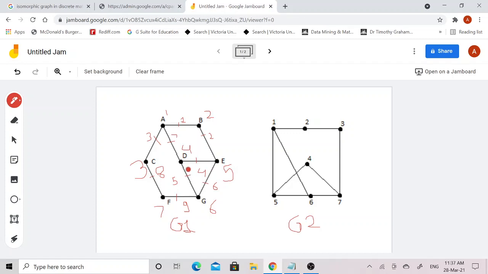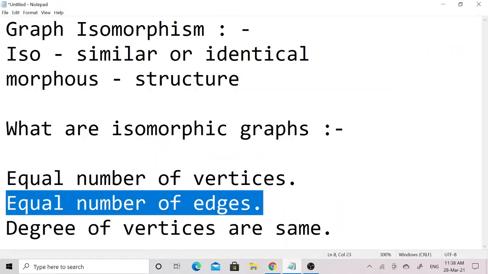Now we will count the edges that are present in graph G2. So this one is the first one. This one is the second. This one is the third, fourth, fifth, sixth, seventh, 8 and 9. So again, the second property is matched.